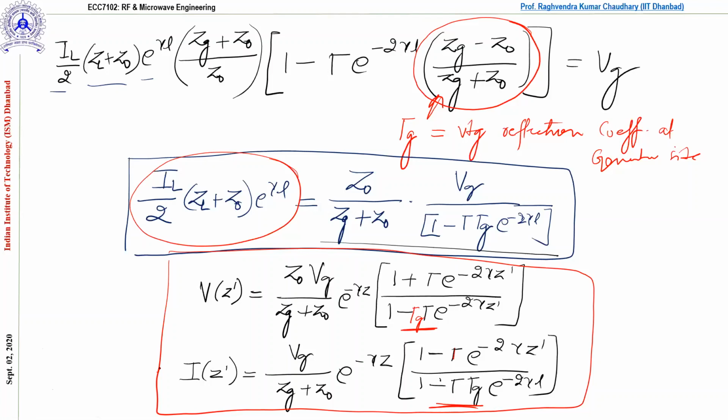It is better to use these equations because we don't know whether the matching at the source side is perfect or not. In most practical systems we try to make the matching perfect, but there are chances it is not. So better to use these formulas to fix your voltage and current.